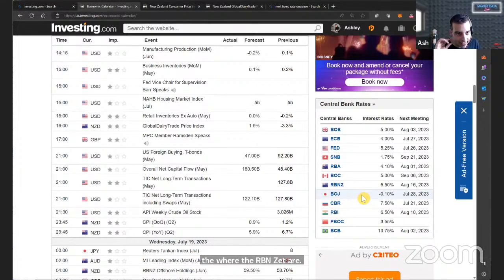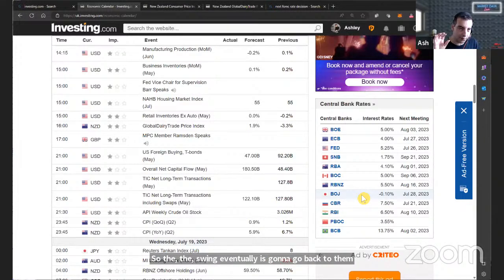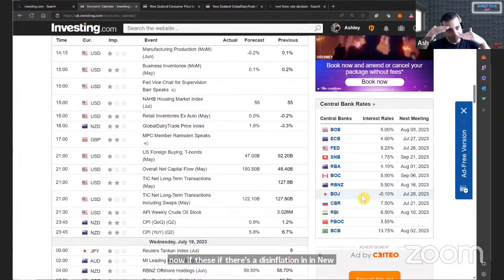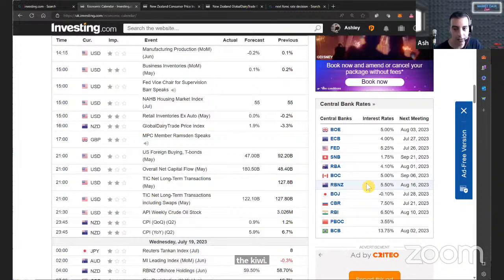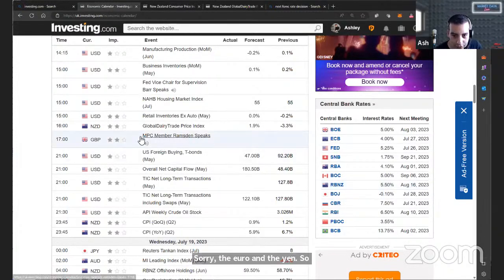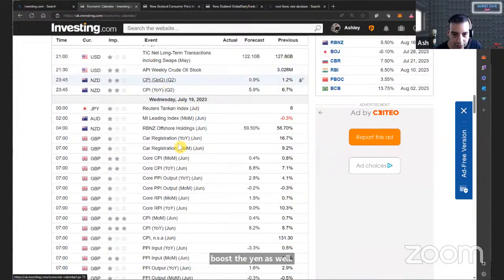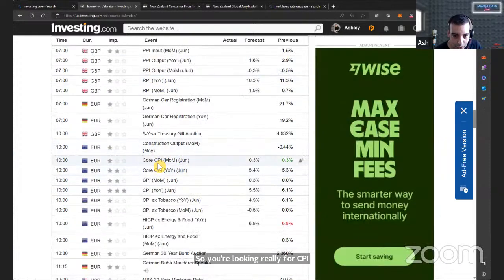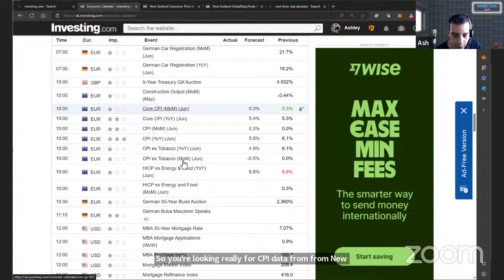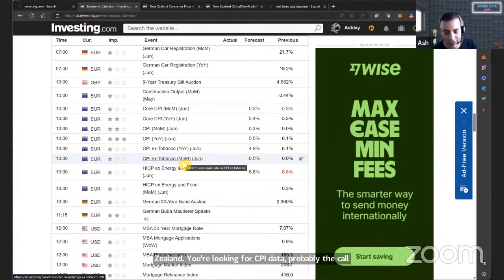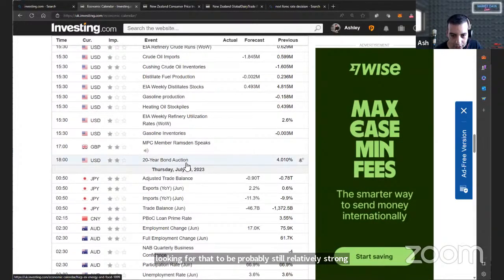Now, if there's disinflation in New Zealand, that brings it back in line with the euro and the yen. So that should also boost the yen as well. So you're looking really for CPI data from New Zealand. You're looking for CPI data, probably the core number, but the CPI data from Europe, and you're looking for that to be still relatively strong, relatively weak in New Zealand in comparison.